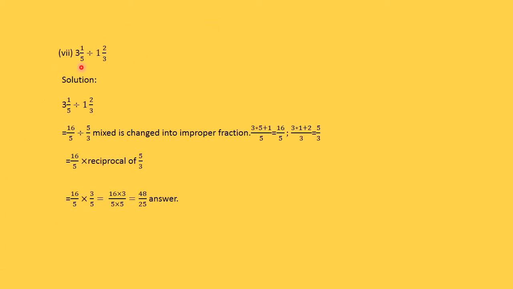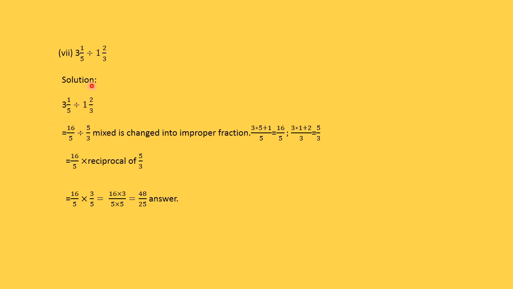Now we have the next question. Both fractions are mixed fractions. 3 1 by 5 divided by 1 2 by 3. With mixed fractions, before doing the problem we have to change them into improper fractions.